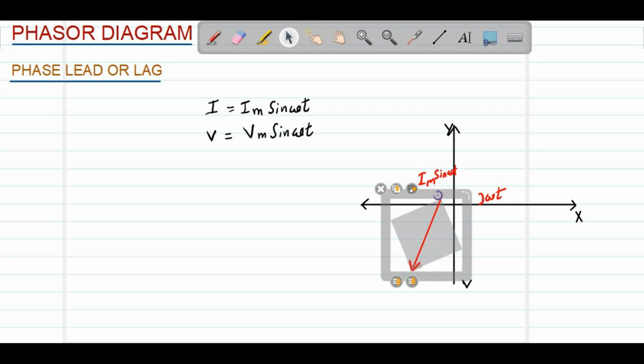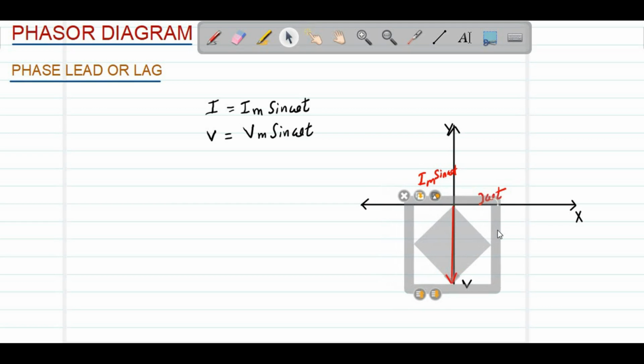And when it rotates this much angle, that is 270 degrees, it started from the x-axis, 90 degrees, again plus 90 is 180, again plus 90 is 270 degrees. That time in this equation, I equals Im into sin omega t. If you substitute omega t equal to 270 degrees, sin 270 is minus 1, so I equals minus Im.